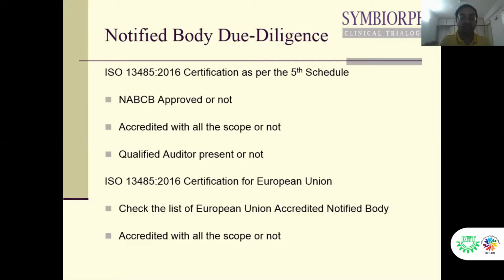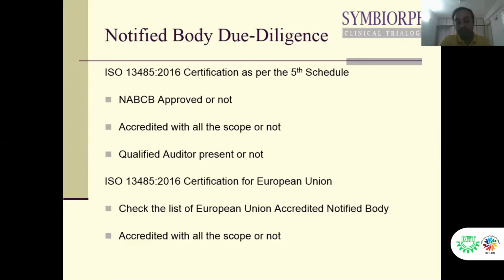If your system is not well audited by the external agency, the chances of improvement in your system will be lower. So we have to see whether qualified auditors are present, and how they can help in doing the audit and improving your system. These are the three basic criteria to consider when going for 13485 certification as per the 5th Schedule, if you only want to sell your product in India.